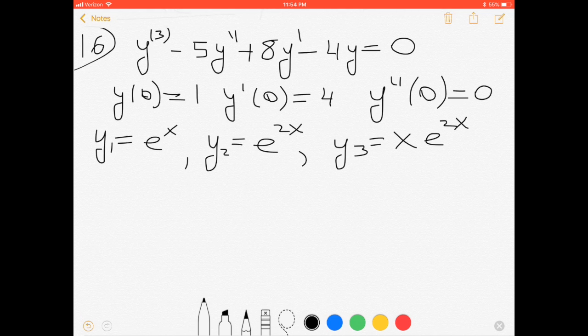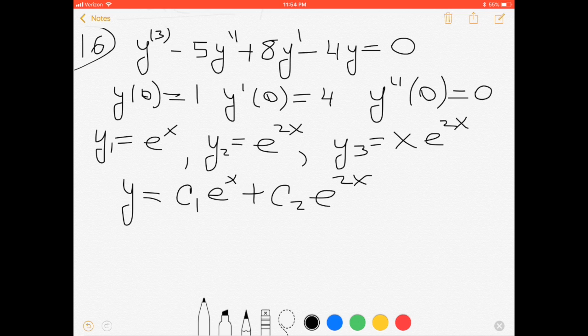Because we have three linearly independent solutions, the general solution of our equation will be c1 e^x plus c2 e^(2x) plus c3 x e^(2x).